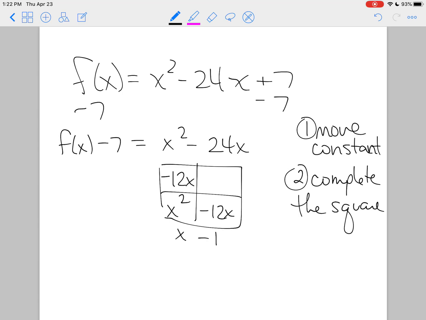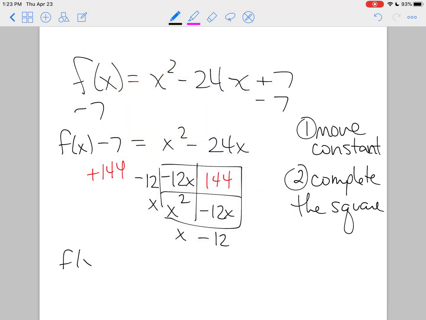So now I'm going to get x minus 12 and x minus 12. Completing the square is pretty much exactly what we've been doing to solve. So the value that completes my square is the negative 12 times negative 12, and that is a positive 144. And just like completing the square, I'm going to add the 144 to the other side.